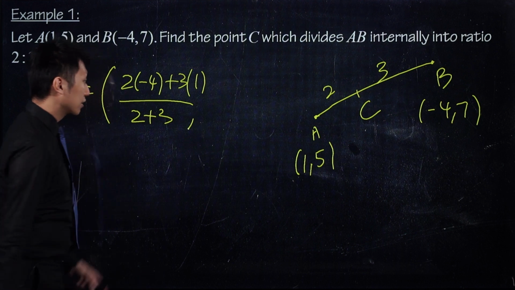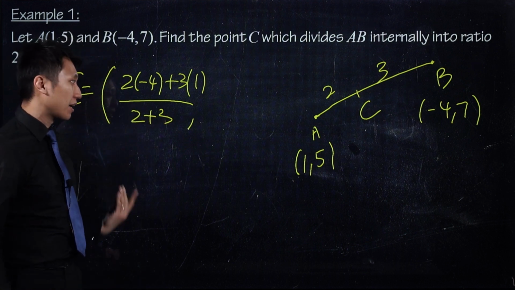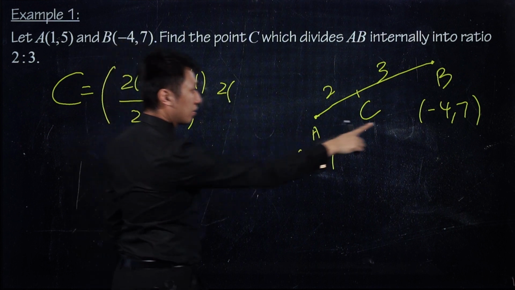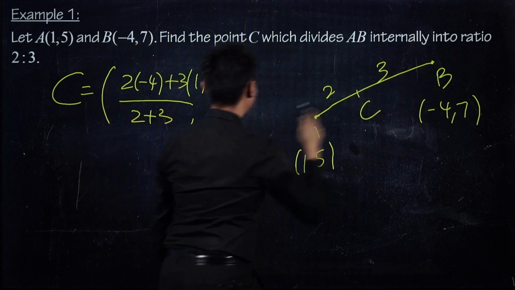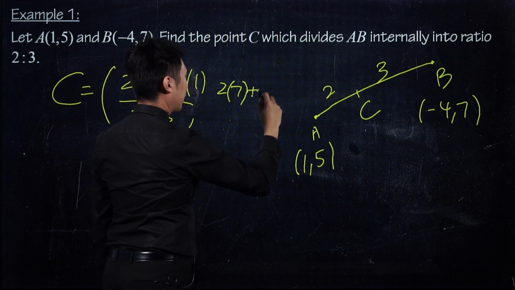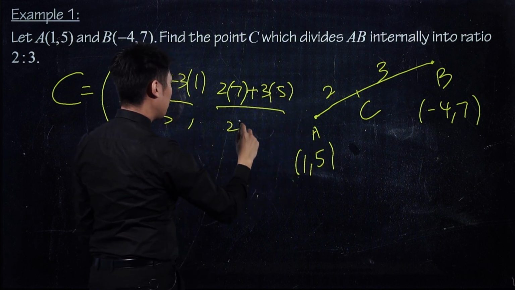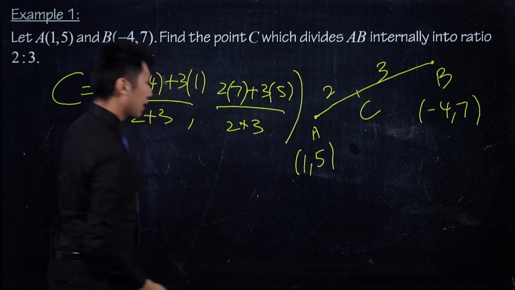Then comma. So the x coordinate part is done. Next will be 2 times 7, crossing over to the other side, plus 3 times 5, divided by 2 plus 3. I'm done.